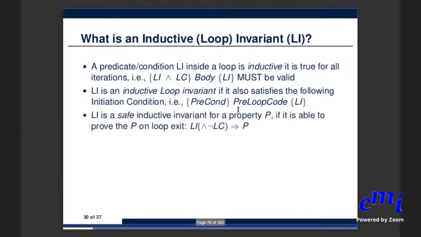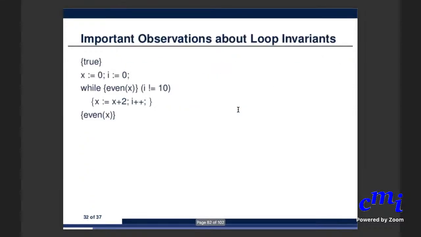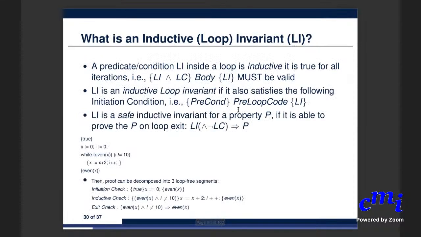For example, here, you see, even of X, what the inductiveness says is, if it is already true at that point, then when I execute the body one more time, it continues to hold.